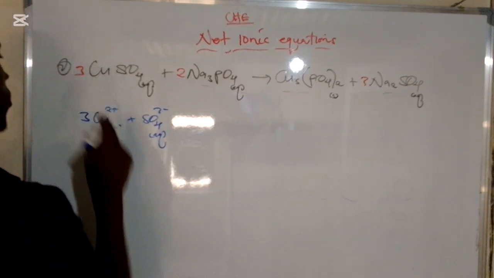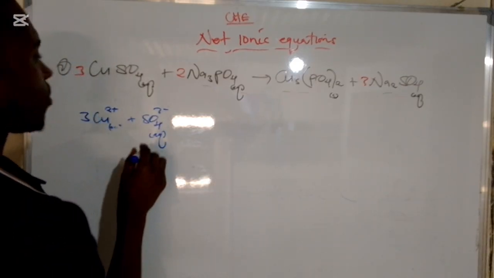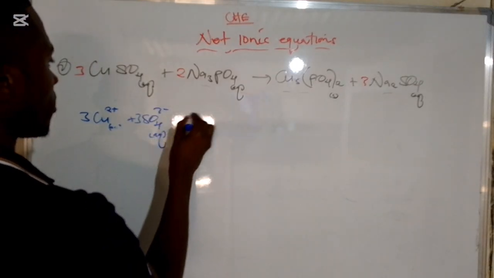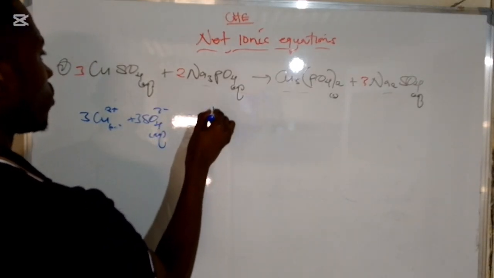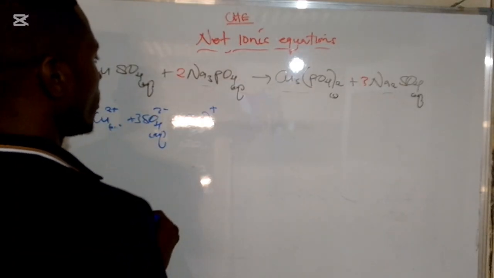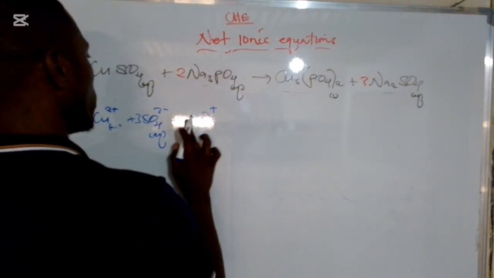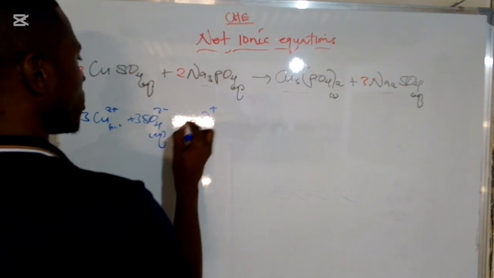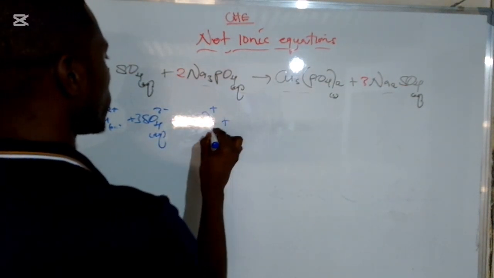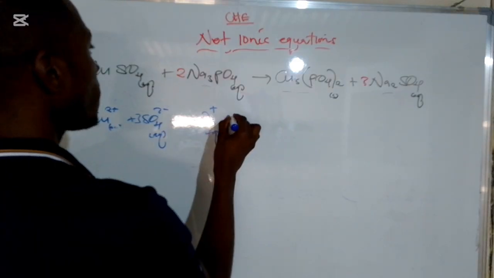Now remember that this is also for that one, so we'll put 3 there. Then plus 2 sodium plus. Then let's multiply this by this, we get 6. We get 6. Then plus, aqueous.